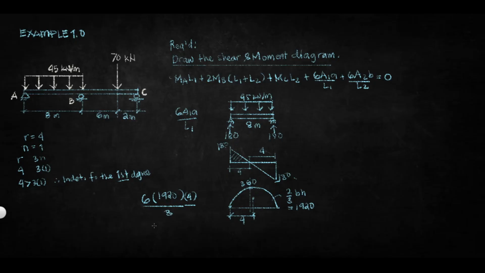Okay, so we have an answer here. So, lumabas dito is 5,760. For this formula, 6A1 A all over L1.